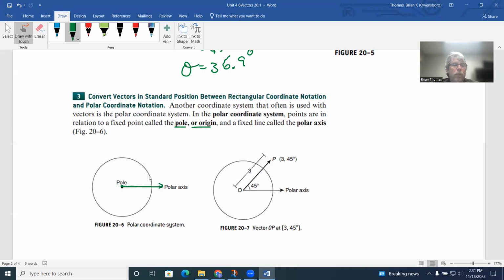It's going to be rotating on an angle, and the measurement here, when we do an example, notice how they have this 45 degrees. That's going to be what we call polar coordinate notation.